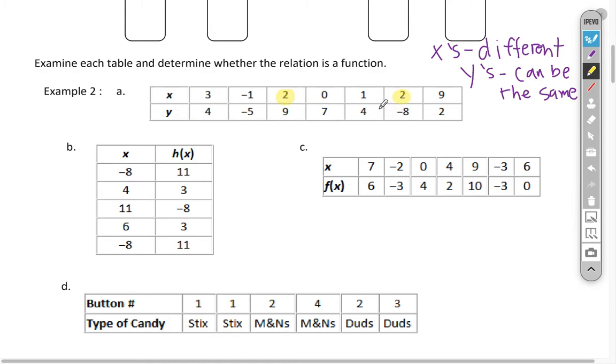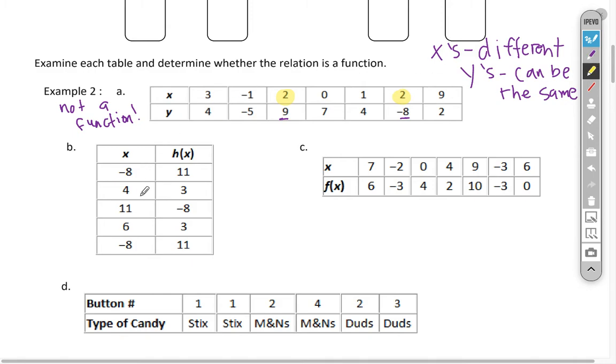All right, so we really don't have to look any further. This is not a function. Right? Because our y values are different, but even if they were the same, this would still not be a function, right? Because we have two x's that are the same.